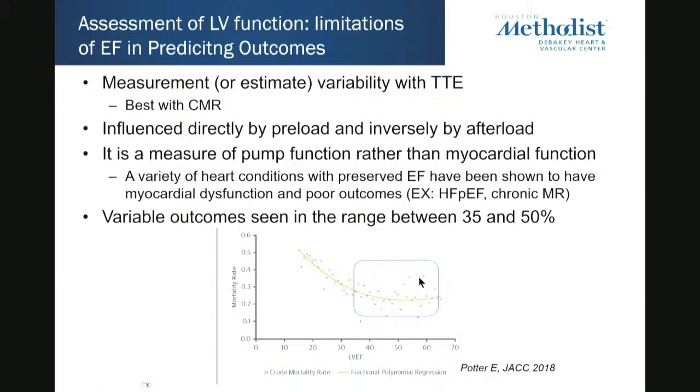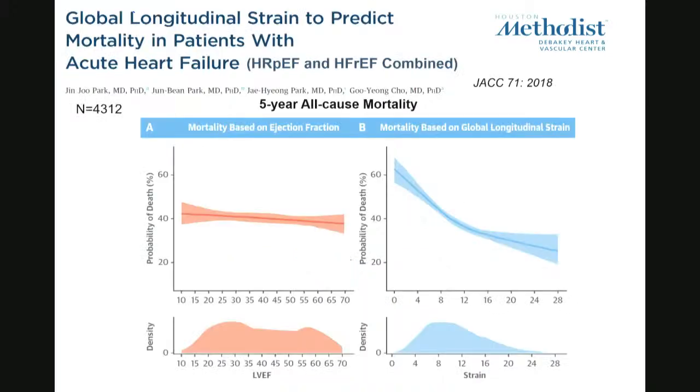Here are patients with high mortalities that have EF 55 to 60. And in this group between 50 and 35% or so, there's a lot of variability in the outcomes, with the EF not showing much. Sure, once you really get to under 30%, yeah, there is an increase in mortality. This is actually just mortality, so it's a very solid outcome.